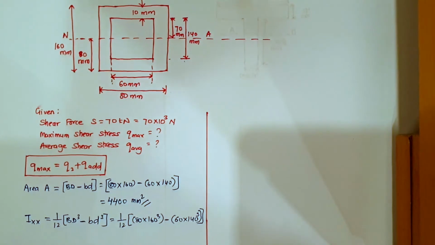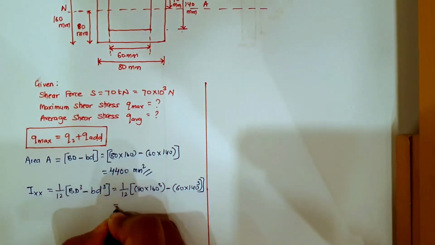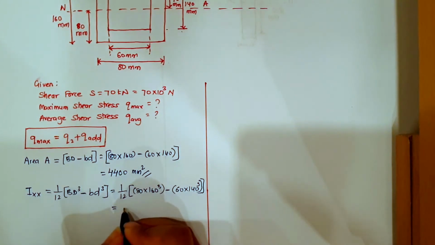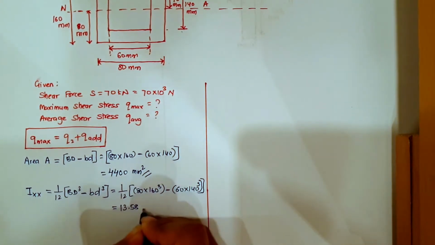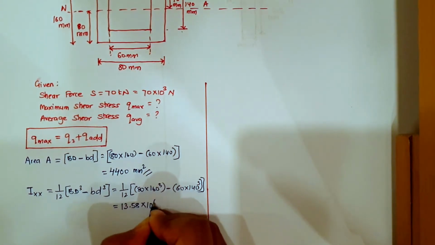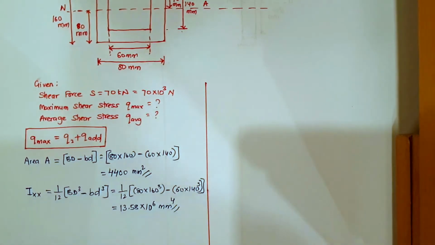So from here I get Ixx equal to 13.58 into 10 raised to power 6 mm raised to power 4.